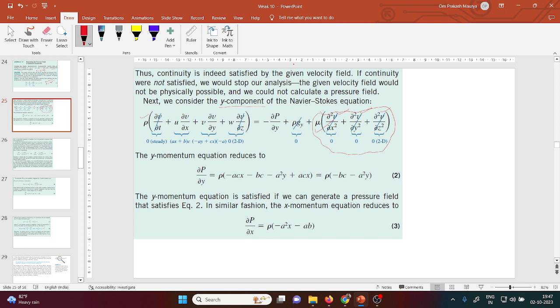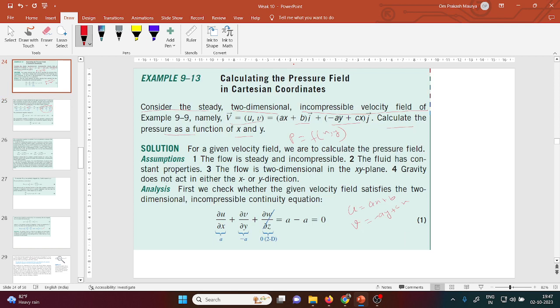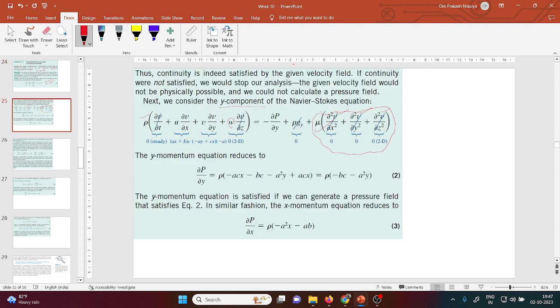and the w component is not there, and here the gy we have just assumed above, there is no influence of gravity in the x and y direction, so it is 0. And here your expression is u equal to ax plus b and v equal to minus ay plus cx.